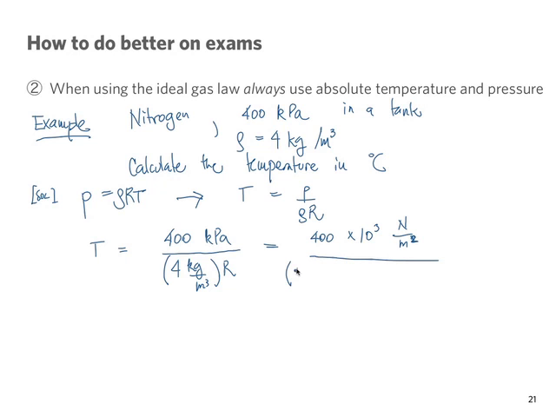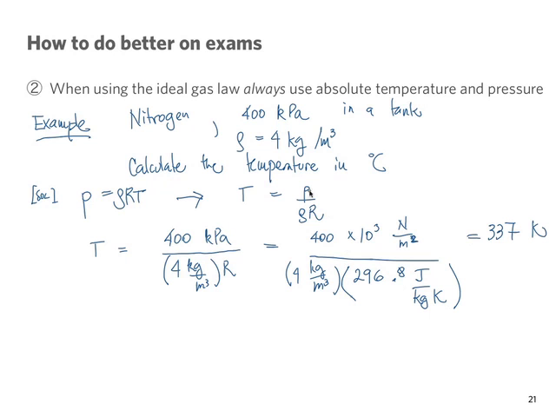And in the denominator, I still have 4 kilograms divided by cubic meter. And I've obtained from some table the value of R for nitrogen, 296.8 joule divided by kilogram degree Kelvin. So I put all of that in my calculator and I check my units and I obtain 337 Kelvin.